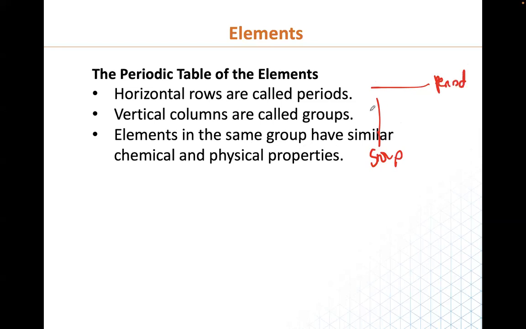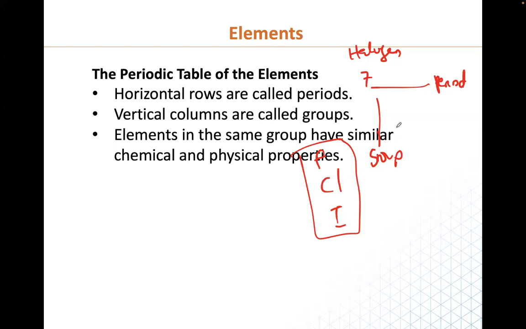Elements in the same group have similar chemical and physical properties. Let's take, for example, group 7, the halogens, which include chlorine, iodine, and fluorine. All of these have the same chemical and physical properties.